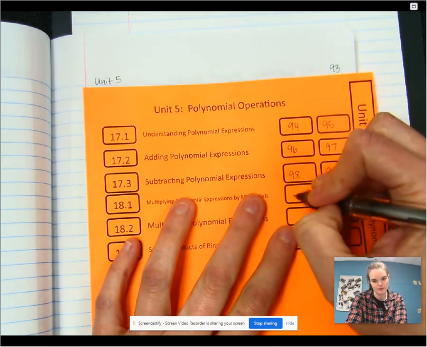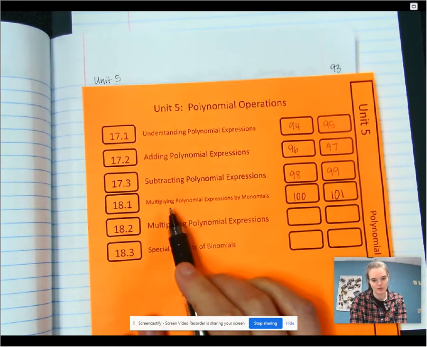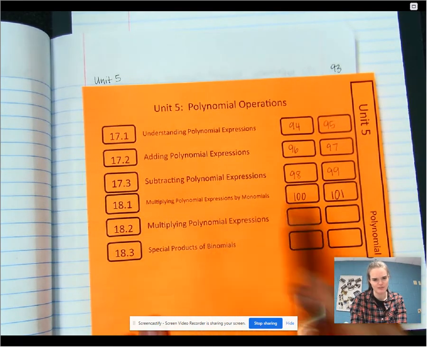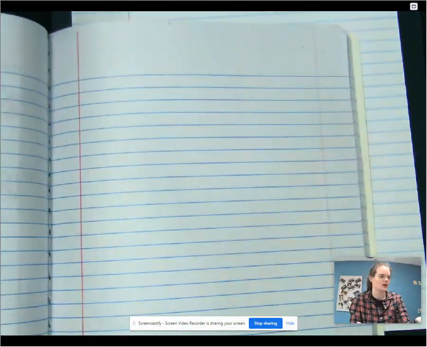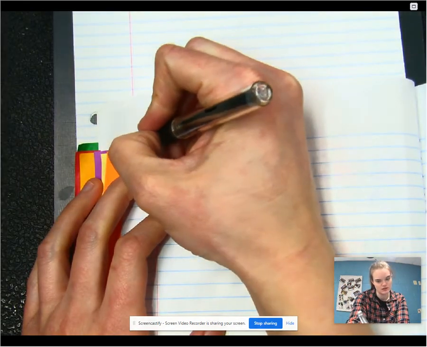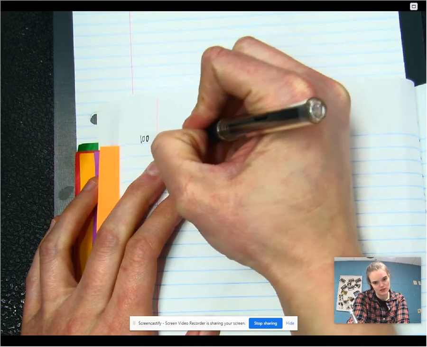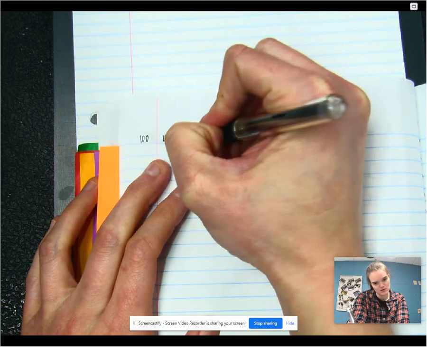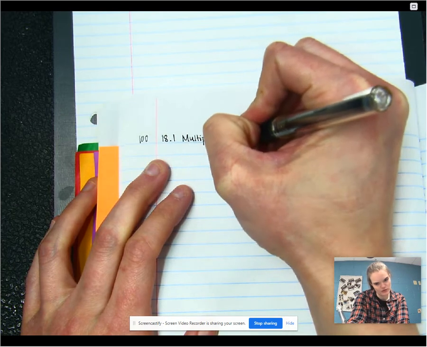So today we're going to be working on pages 100 and 101, and we're going to label those multiplying polynomial expressions by monomials, and that's 18.1, and we're actually going to shorten that. Page 100, 18.1, multiplying monomials.